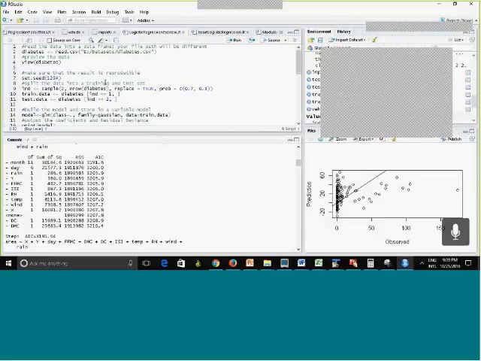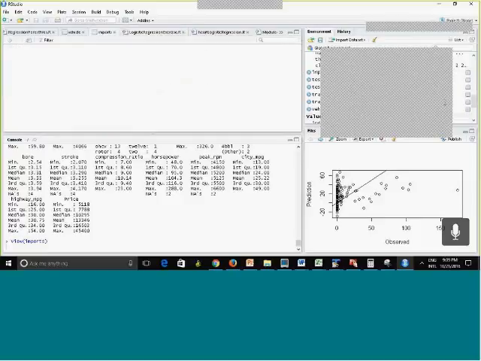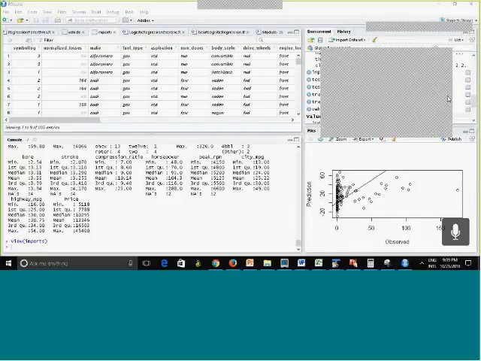What was the question? Sarah asked how the RSE translates. The RSE is based on the squared difference between the predicted and actual values.